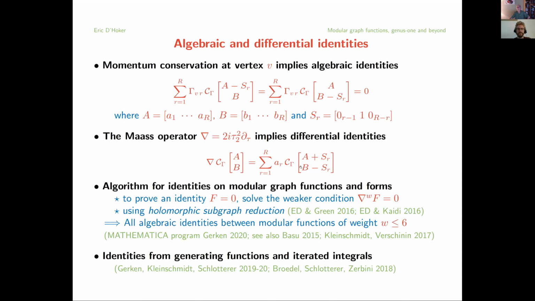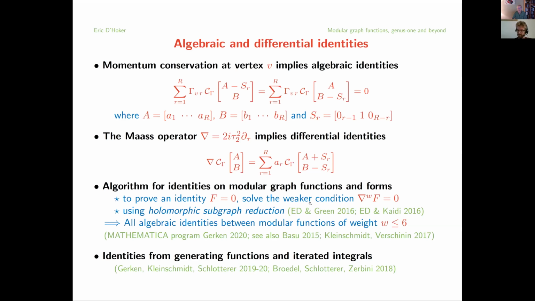And these two identities show you that, in fact, the operation of the mass operator on this space of modular forms closes. And now one can develop an algorithm for finding and then proving the validity of identities between modular graph functions and forms. And the key to this is to realize that if you want to prove an identity, let's call it F.